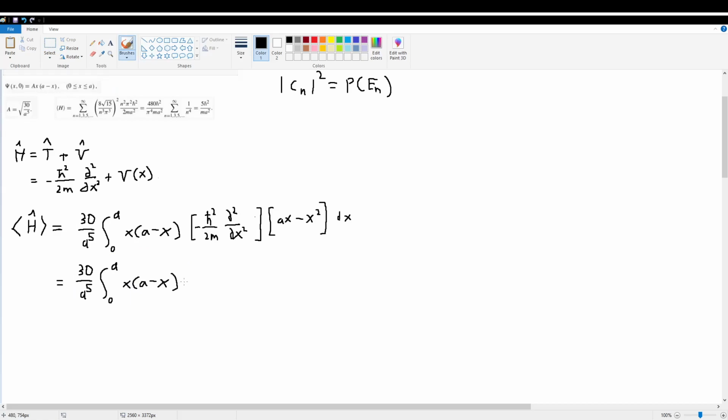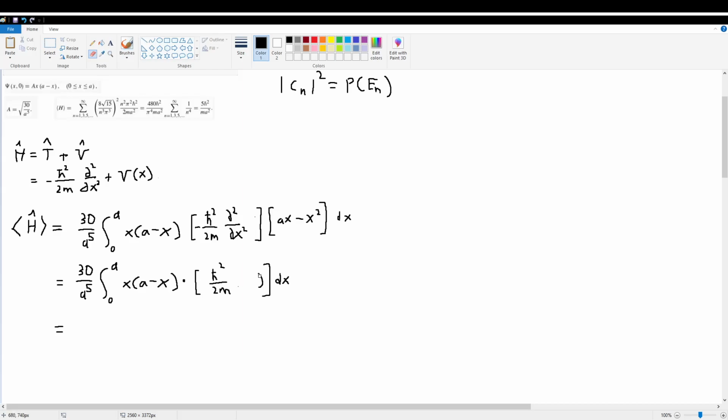And now we're going to be multiplying by negative h bar squared over 2m as before, and the second derivative of this polynomial, which is going to just be negative 2, dx. And from here, everything is still the same. These two negatives cancel out to make a positive.